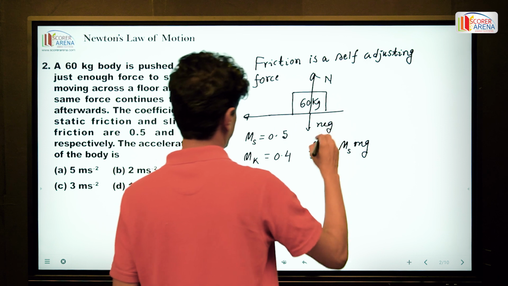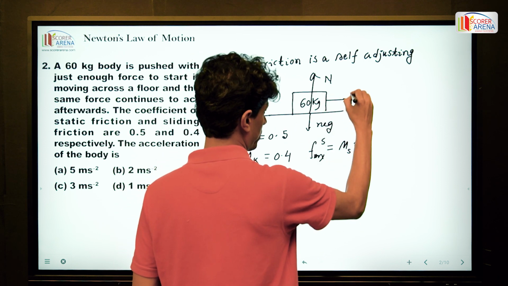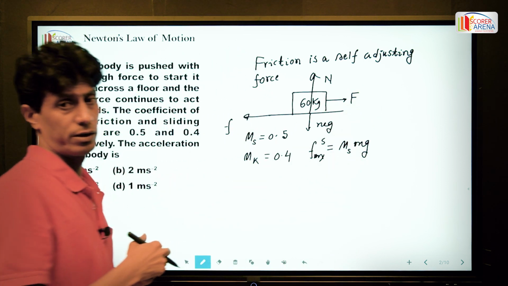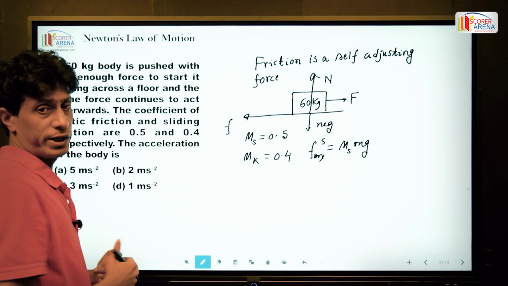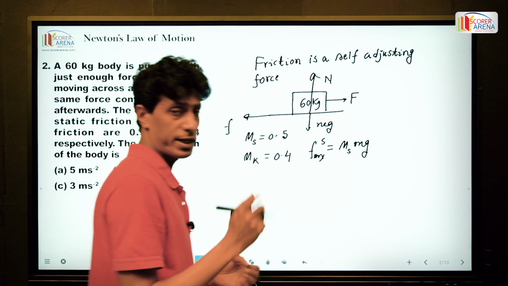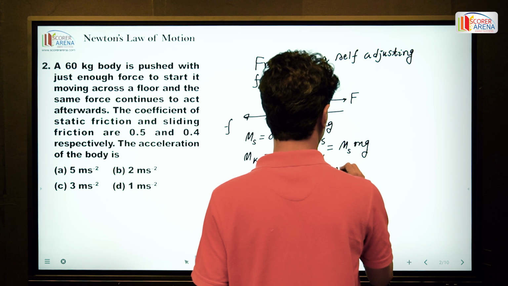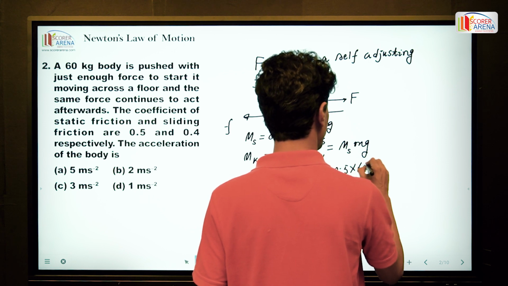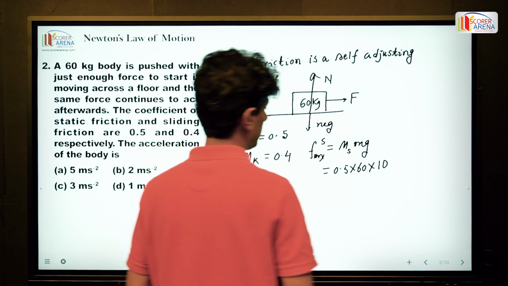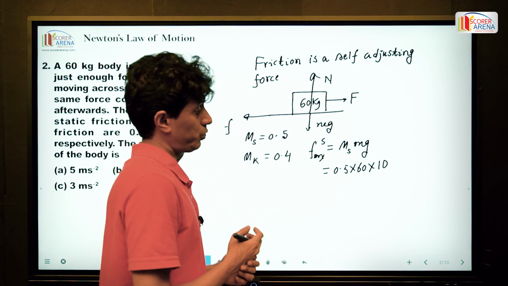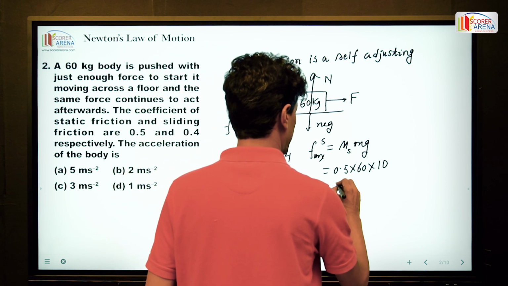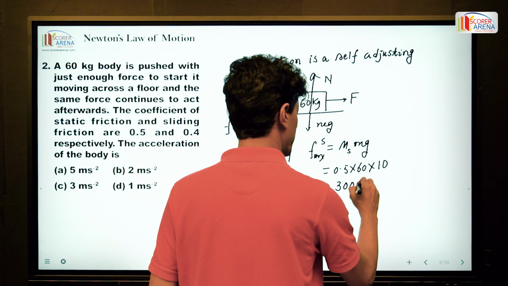If a force is continuously acting over it, mu s is 0.5, mass is 60 and g is 10. So the maximum static friction is 300 Newton.